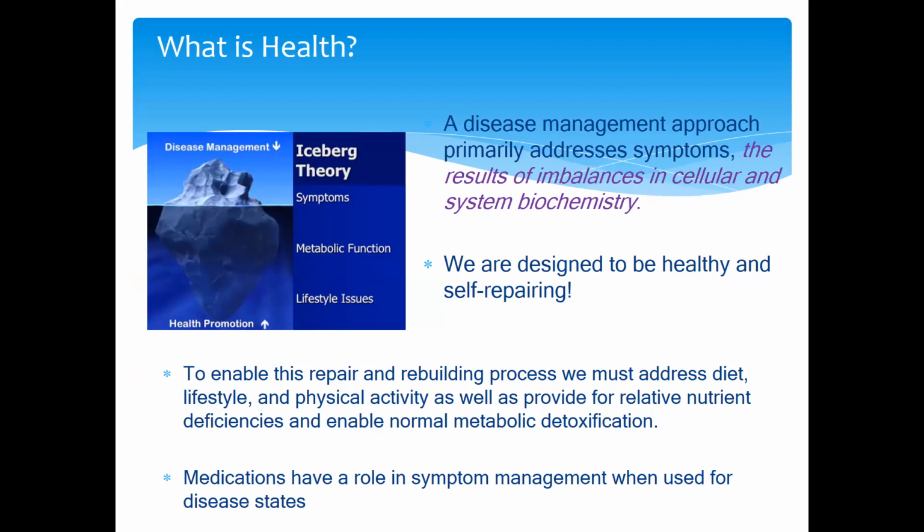The iceberg theory correlates really well with this particular course because disease management sits up at the top. And this is where we do things to address the symptoms. And we negate the part that's underwater, which is the bigger part, which is the health.